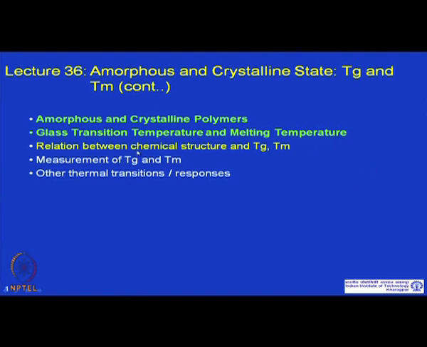We also discussed in detail the relationship between chemical structure and glass transition temperature, and in today's lecture we are going to discuss the relationship between the chemical structure of a polymer and the melting point.